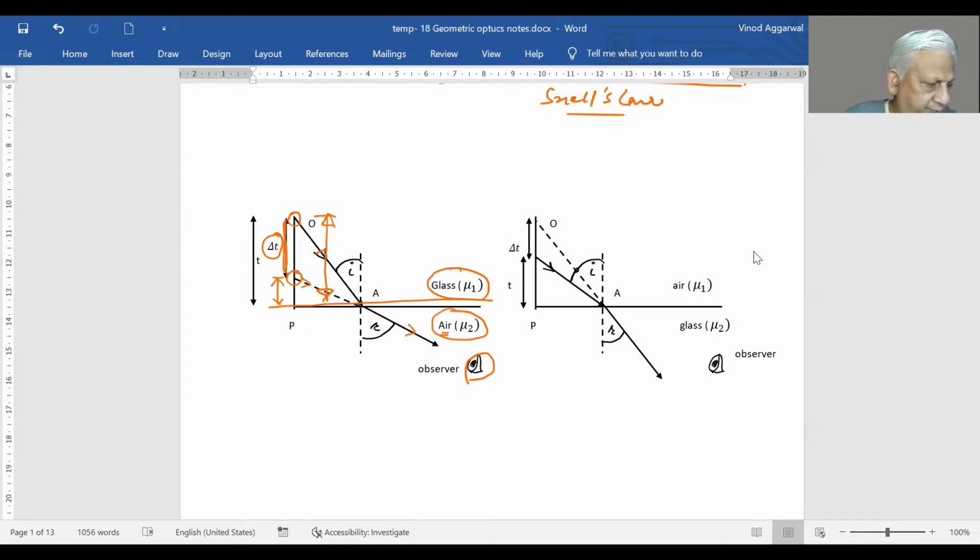So let's write down some equations, and the equation is apparent depth divided by real depth.